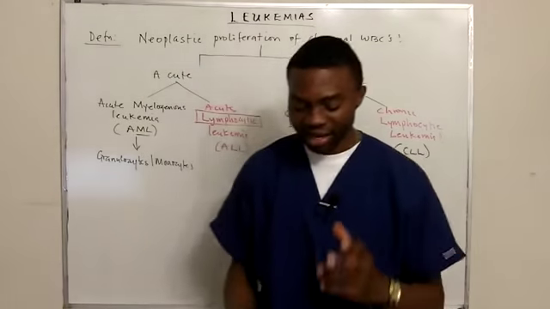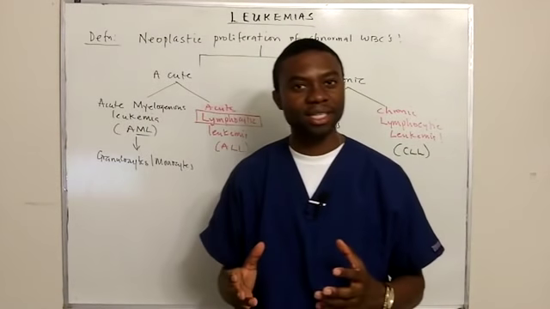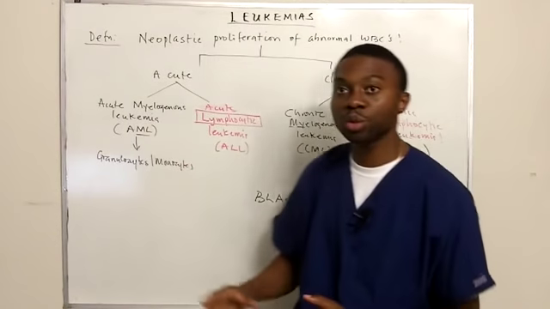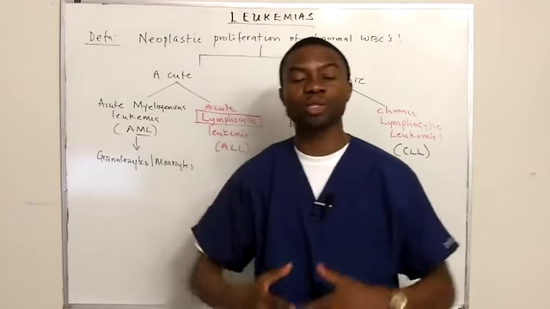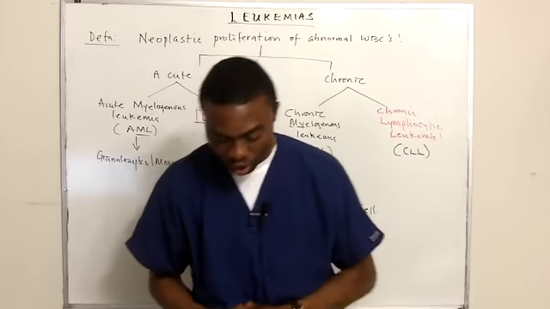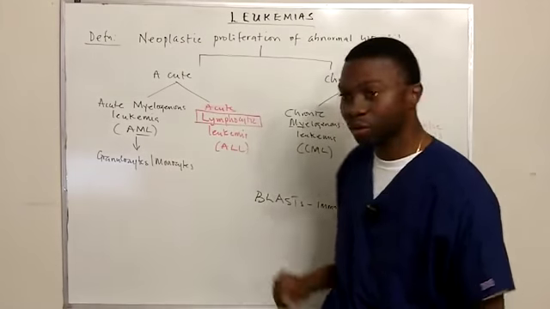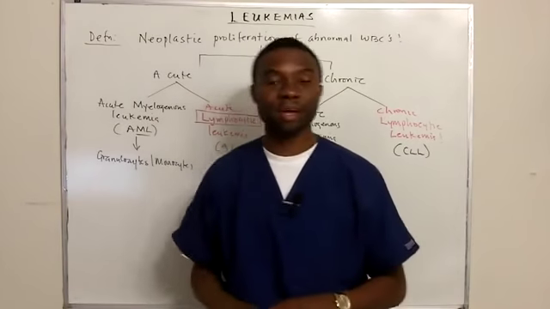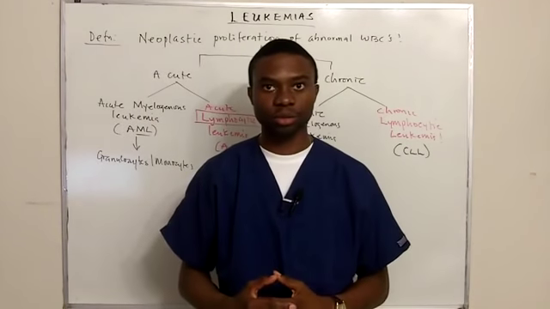In acute, anything that's acute in medicine is a very short duration of time. So acute leukemias usually happen with a rapid progression, rapid growth of this immature cell line known as blast cells. And this often affects them before the cell lines become mature.